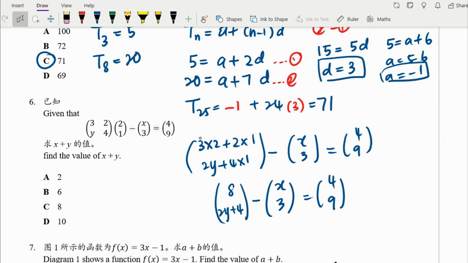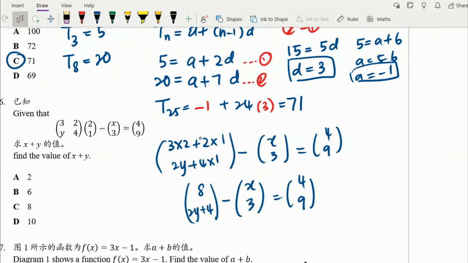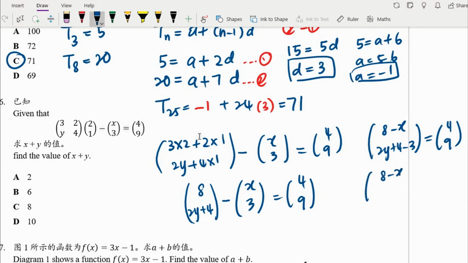So again, you can form your simultaneous equation. Before that, we try to write it like this first. 8 minus x, 2y plus 4 minus 3 equals 4, 9. So 8 minus x, 2y plus 1 equals 4, 9.